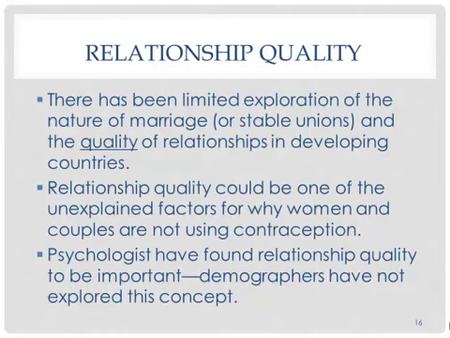I was thinking that maybe relationship quality could be one of the explanatory factors for why women and couples are not using contraception. And psychologists have found that relationship quality is really important, but demographers and to some extent sociologists haven't really looked at these constructs.